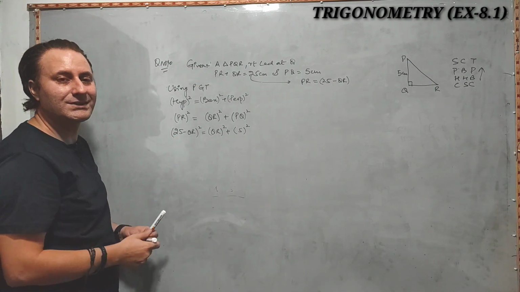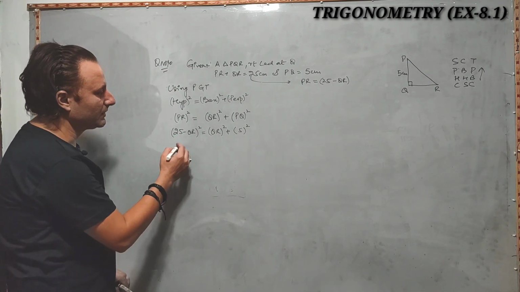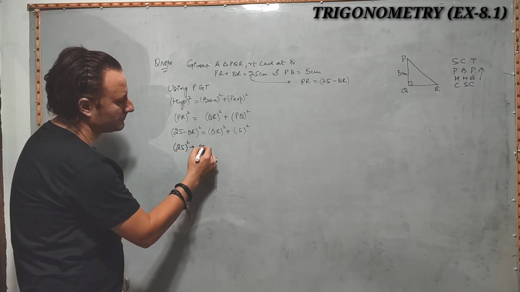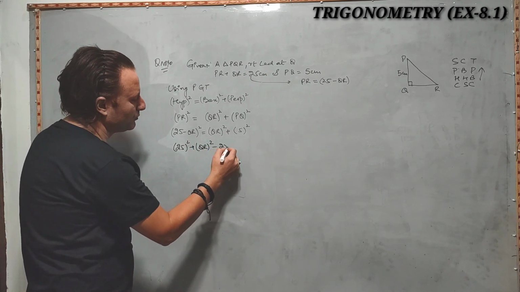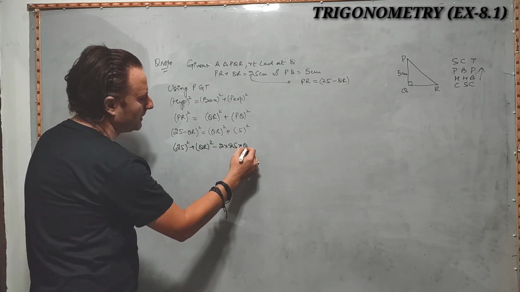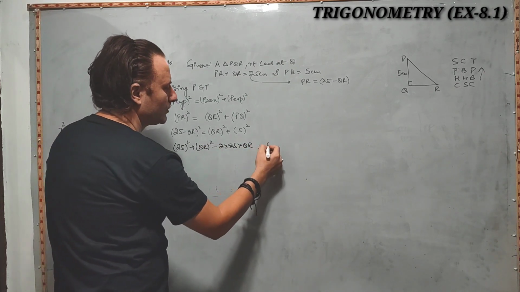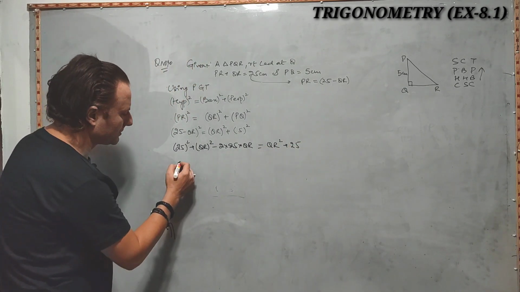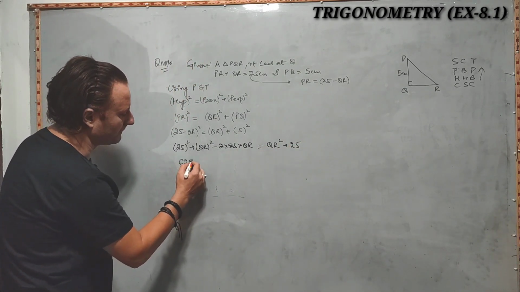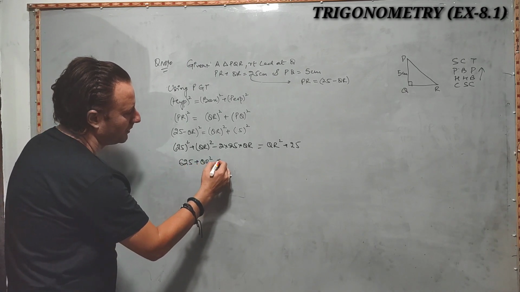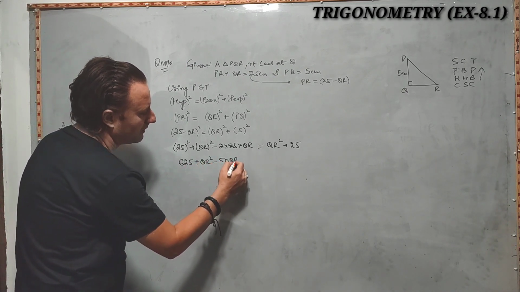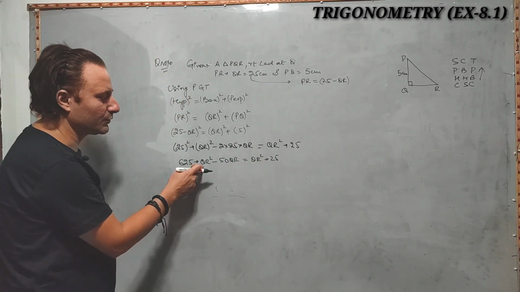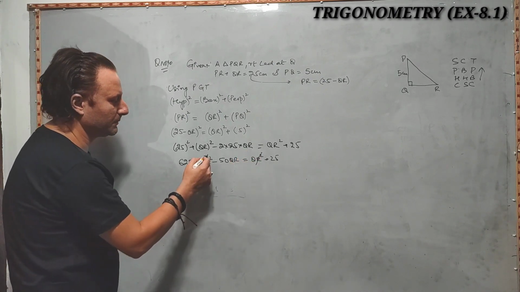Now this is A minus B whole square. So let me elaborate it. It's A square plus B square minus 2AB. Now this is QR square plus 25. Now this is 25 multiplied by 25, that is 625 plus QR square minus 50 QR is equal to QR square plus 25. I have a QR square here and here as well, let me take that off.